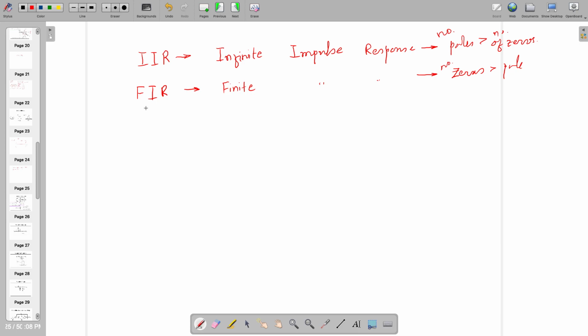Generally, IIR and FIR filters are approximations. First of all, these are mathematical functions which you are going to study, and through these functions you will design filters which might be analog or digital. This is applicable to both. However, in your syllabus there is nothing like analog signal processing, so you are going to study this in digital signal processing.